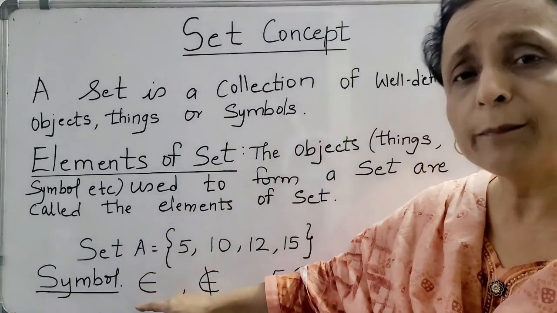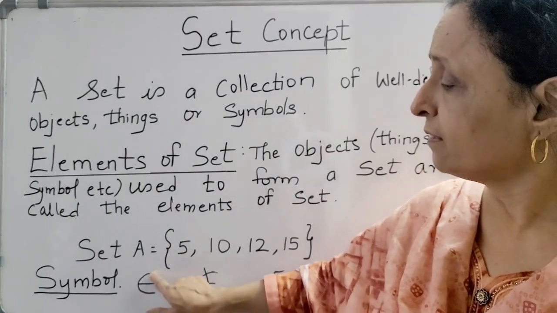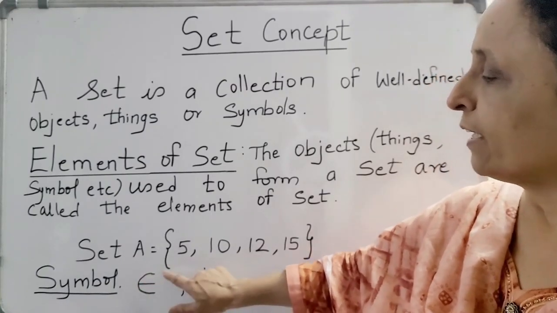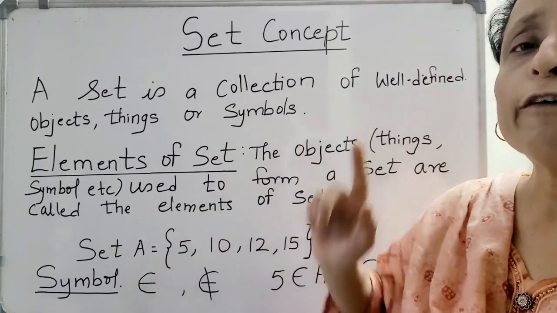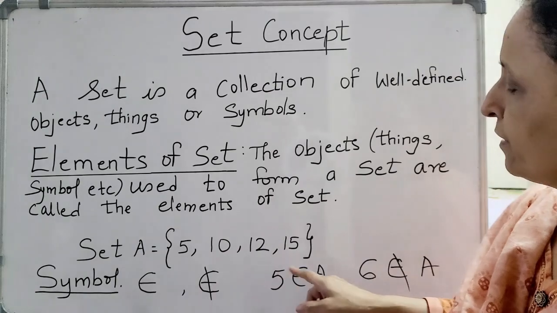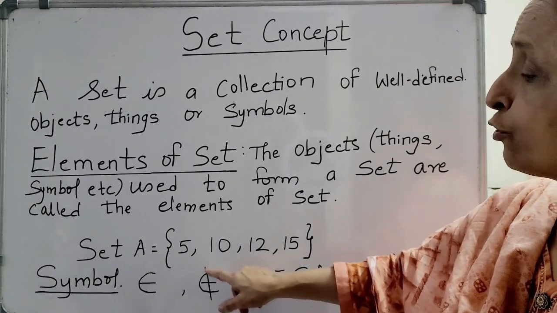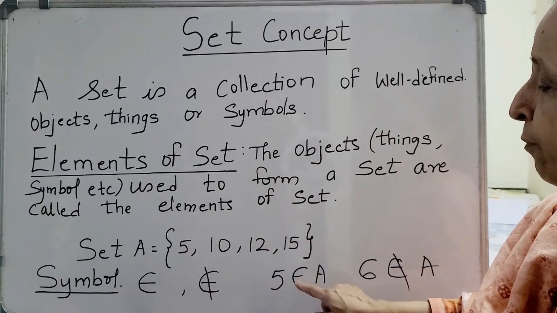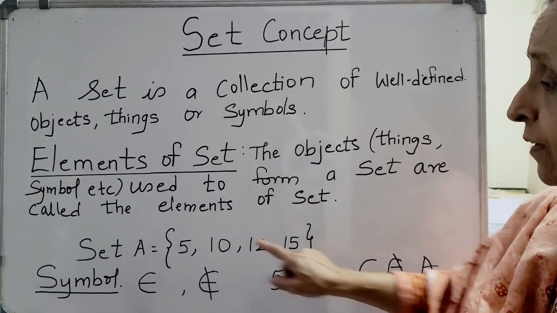Now the symbol we will be using is this symbol, like epsilon, to denote that these are the elements of this set. And if they are not the elements of this set, then you put a stroke, not an element.